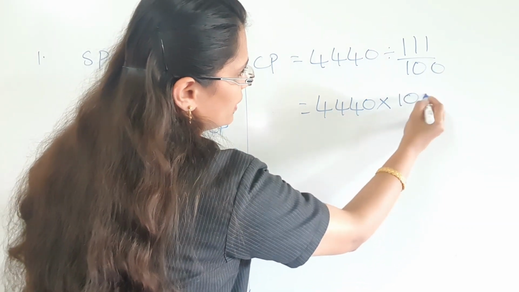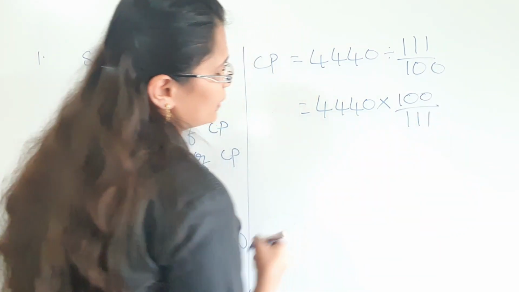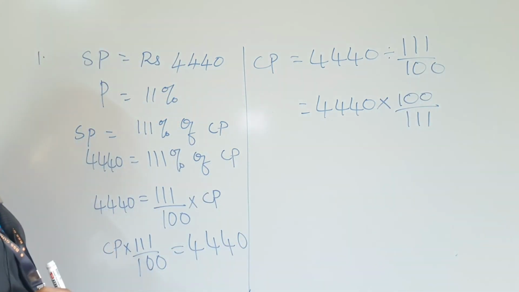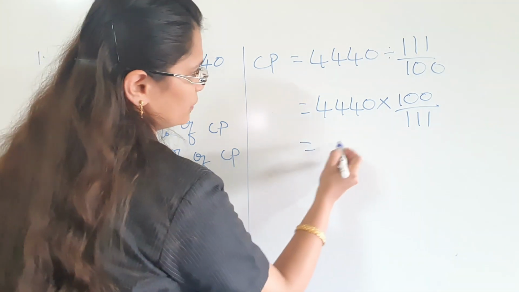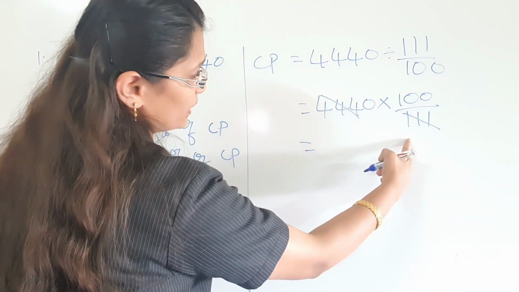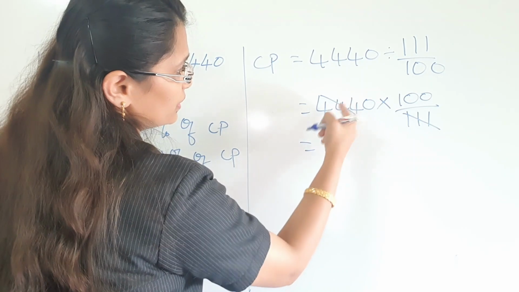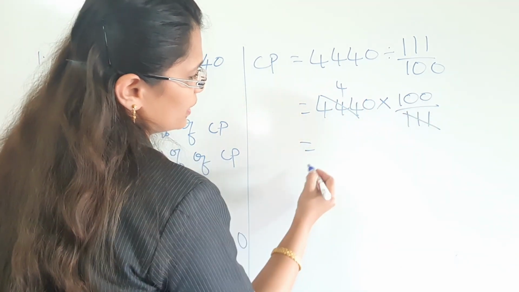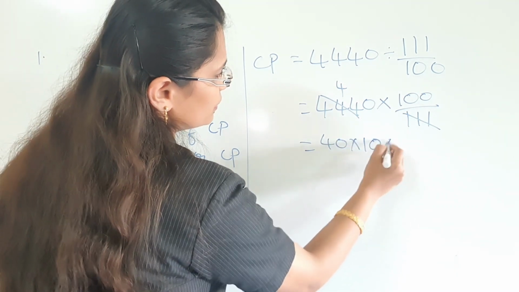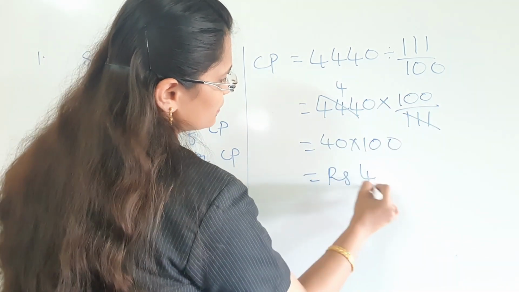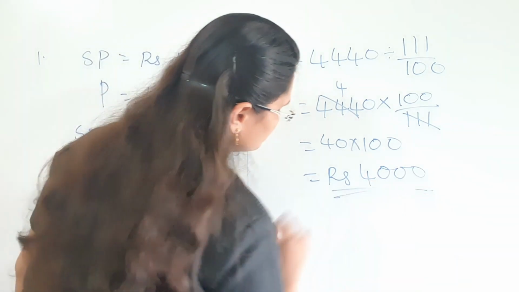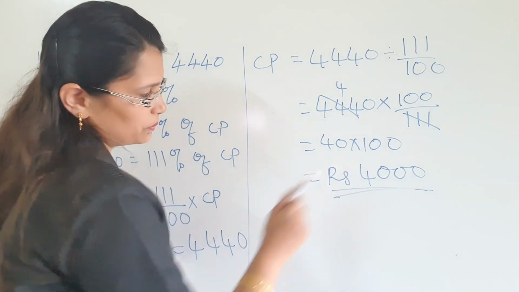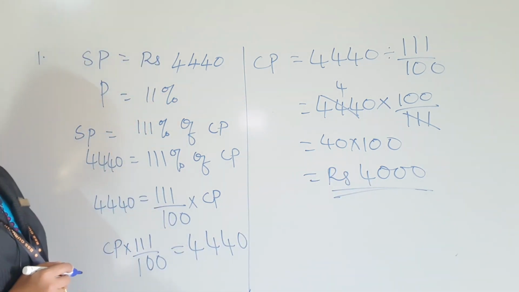So 100 divided by 111. What is reciprocal? This 100 will come up and 111 will come down. So how many times 111 goes in 444? 4 times. So is equal to 40 into 100. 40 into 100 is equal to rupees 4000. Okay, so the cost price CP is equal to rupees 4000.